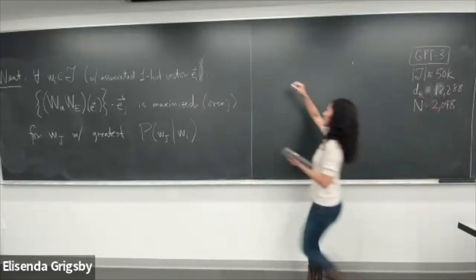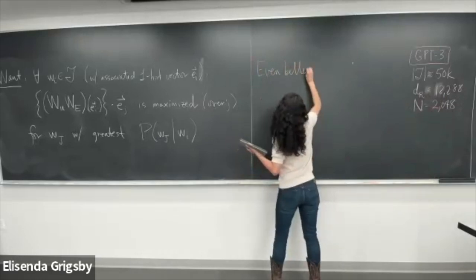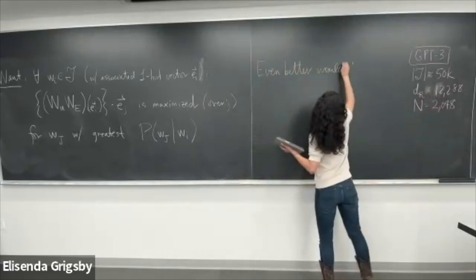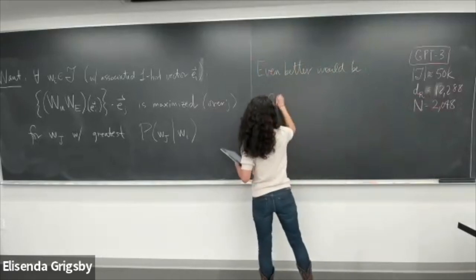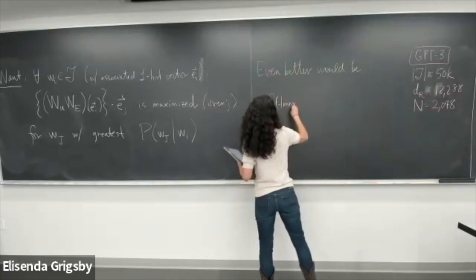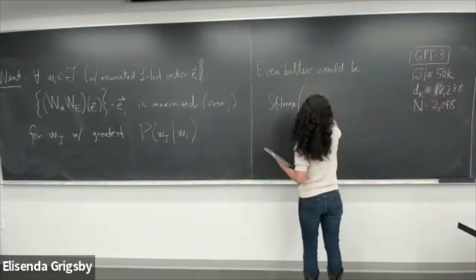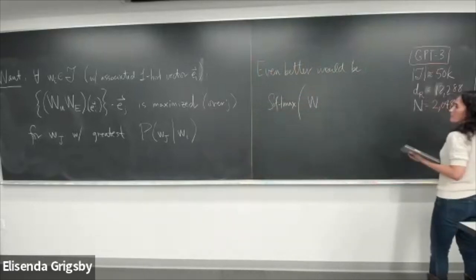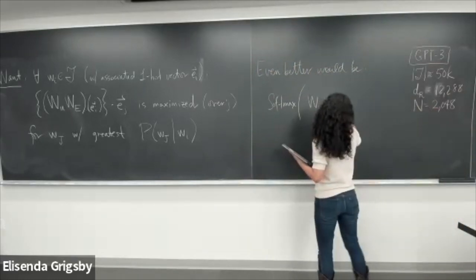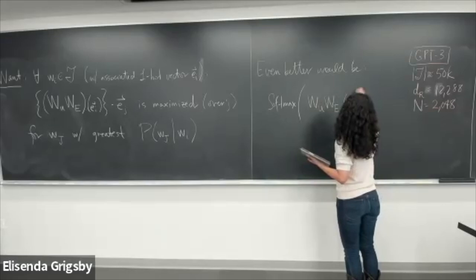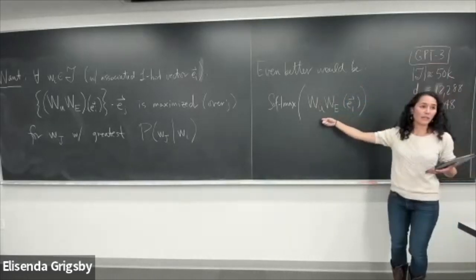So even better would be if you take the softmax of the ith column of this matrix, embedding followed by unembedding.